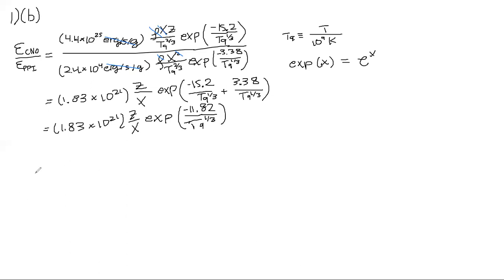And then this is where I'm going to turn this into a proportionality, because we're just interested in by how much we're changing in what we'll define to be an initial state versus a final state in a second. Sorry, that's supposed to be proportional to.